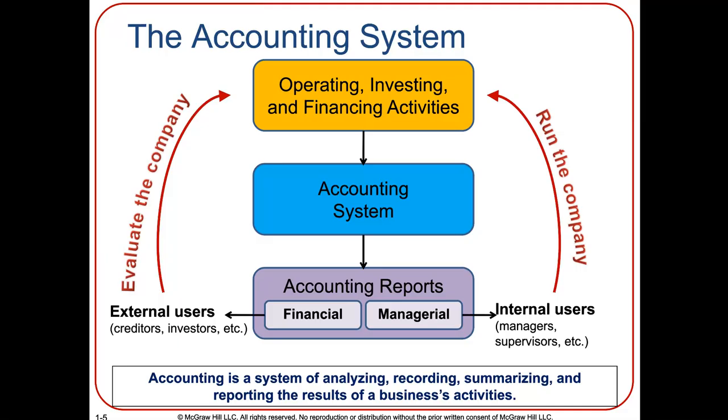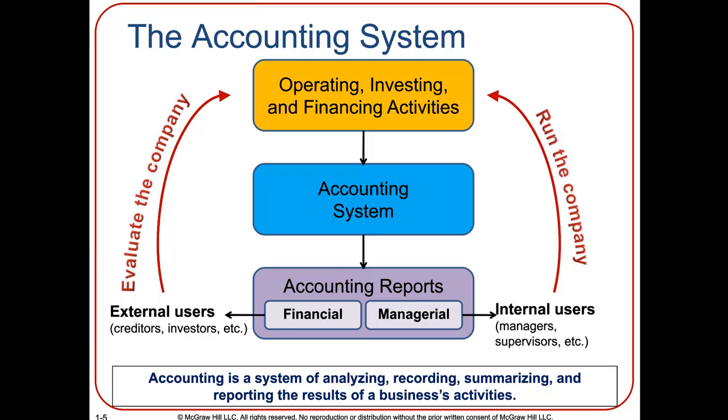Let's just get the whole thing up here. All right. So where we are going to live in this class is over here on the left-hand side. We are trying to determine the effect of transactions on external financial statements, and that's where we're going to live.